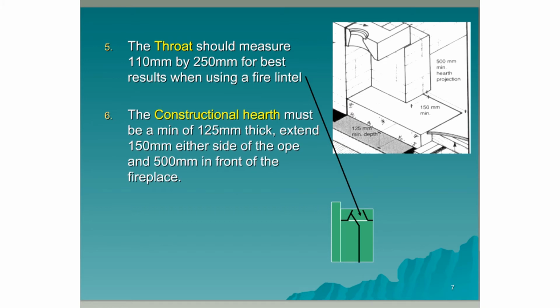The constructional heart must be a minimum of 125 mm thick, extend 150 mm either side of the ope and 500 mm in front of the fireplace. 125 mm deep, 150 mm either side of the fire ope, and 500 mm out from the jamb.